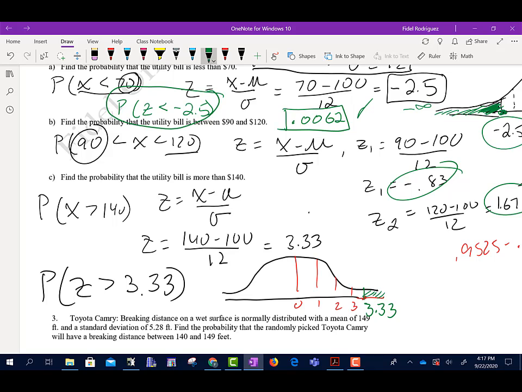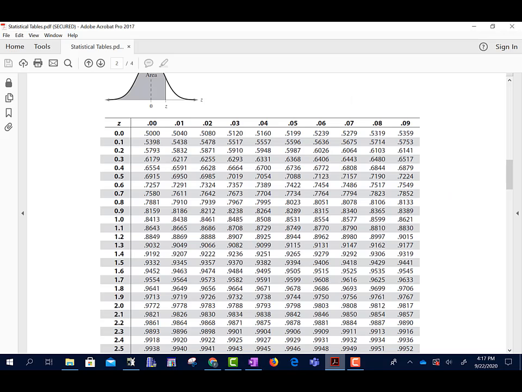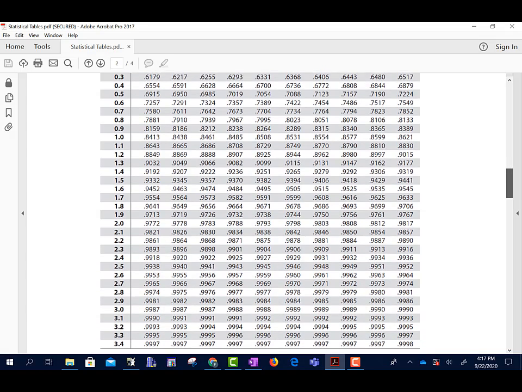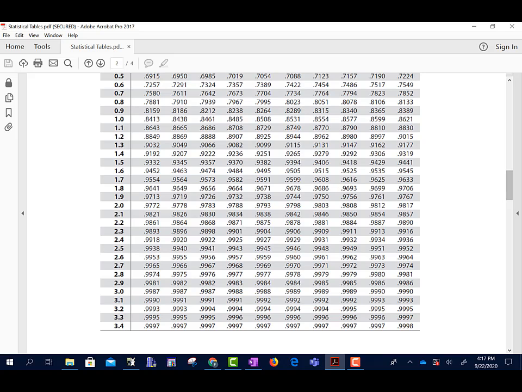Because it says greater than, we're looking for the area to the right. Remember, though, my table always tells me the area to the left, okay? So coming to my table, 3.33, this column here is the 3's, so it's going to be that fourth column. This one right here, I am coming up with 0.9996.